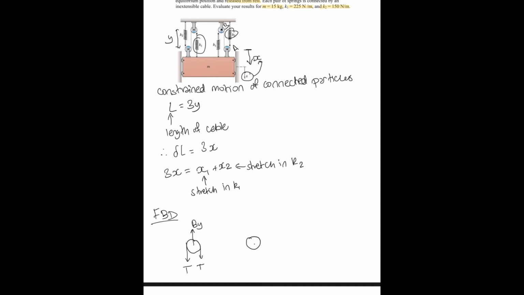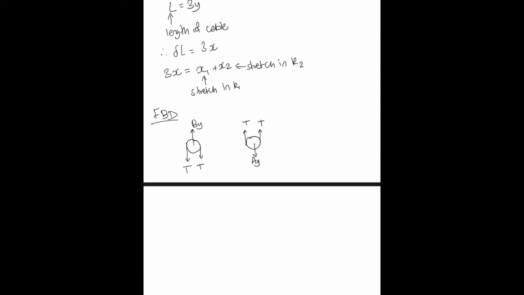At A, the normal is going to be pointing down, and the tension is going to be pointing up. So we know that the tension in the springs, T, is going to be equal to K1 x1 or K2 x2. This is going to be our first equation, and this is going to be our second equation.